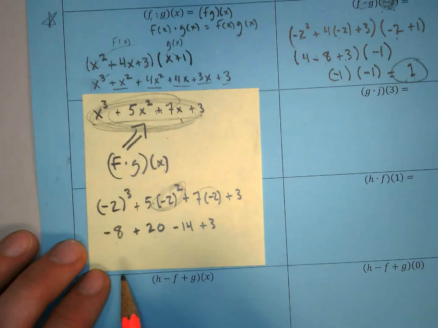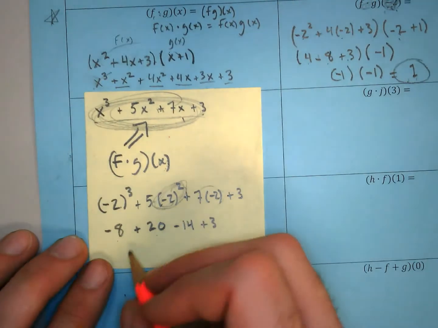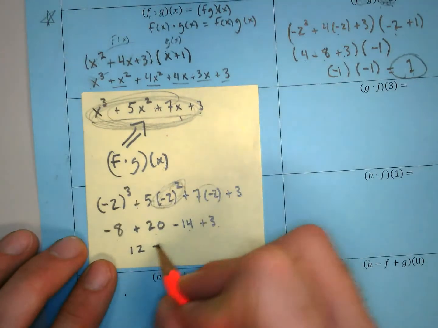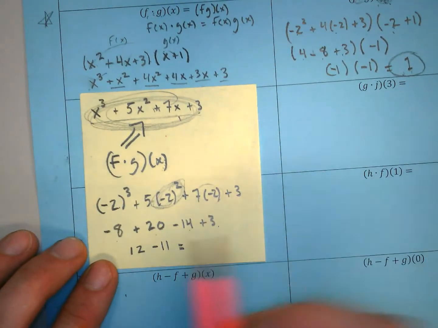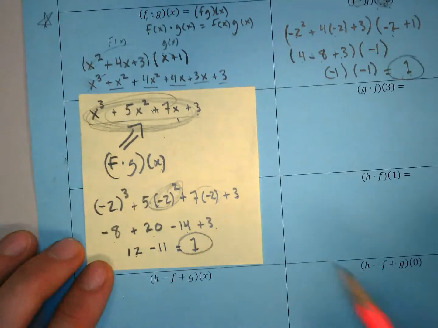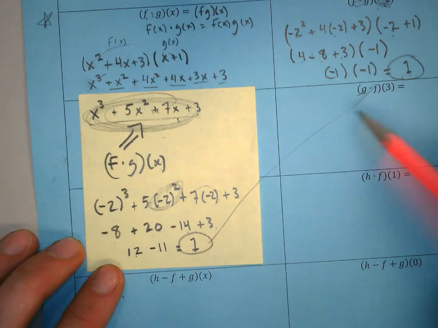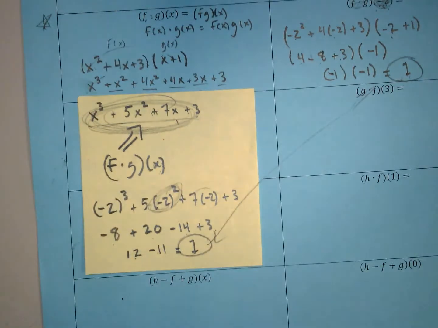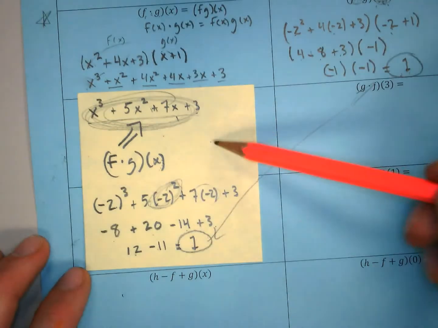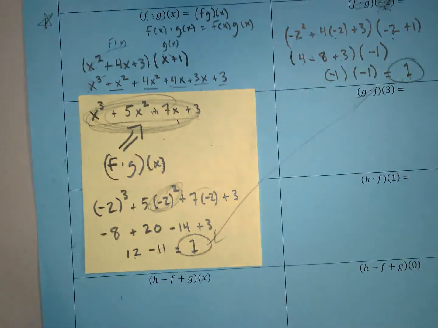Negative 8 plus 20, positive 12. Negative 14 plus 3, minus 11. Oh my gosh, 12 minus 11. Heck yeah, it's a positive 1. We don't make mistakes. Yes, we do. Mistakes are okay. But we did it. 1 and 1, they're both correct. You don't have to do both ways. I think this is a little easier, but they both work.